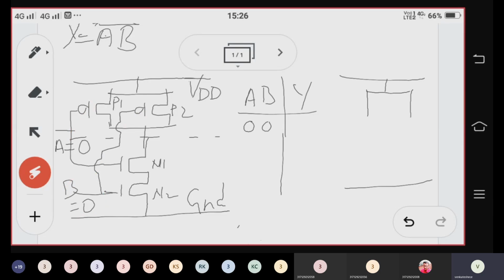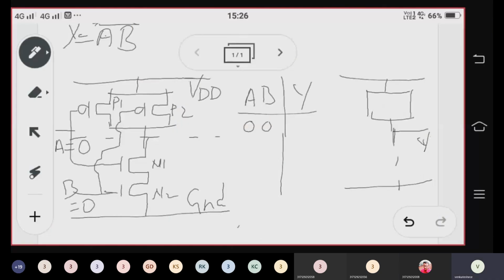Now P1 and P2 are in on condition. 0 is applied to N1 and 0 is applied to N2. Now N1 and N2 are in off condition. So these two are in on condition, and N1 and N2 are both in off condition. So I am taking the output in between the pull-up and pull-down.